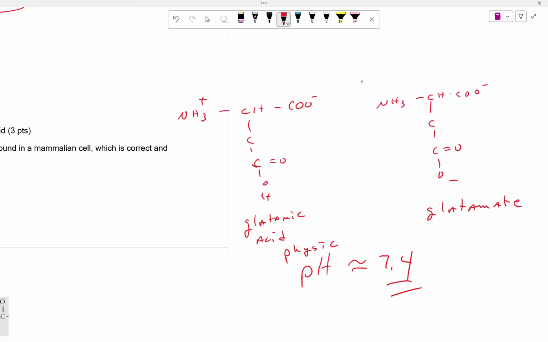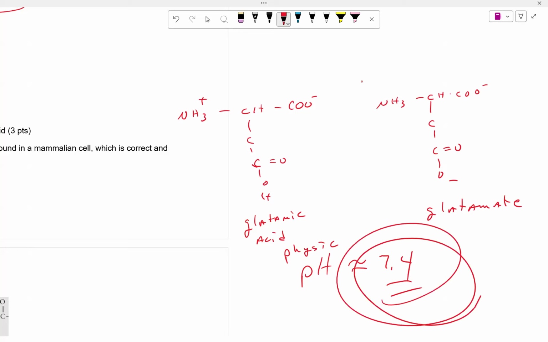In an acidic environment, acids stay protonated. In a basic environment, that H comes off. And when you name the acid salt, you replace the acid part with ate. That's why they call it glutamate, because this is ionic.